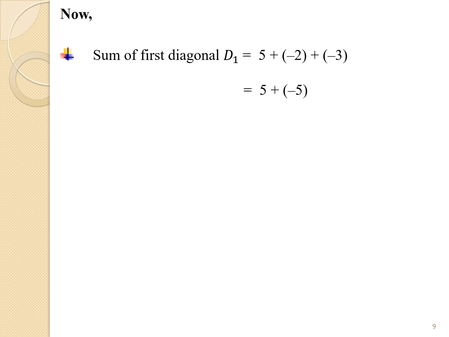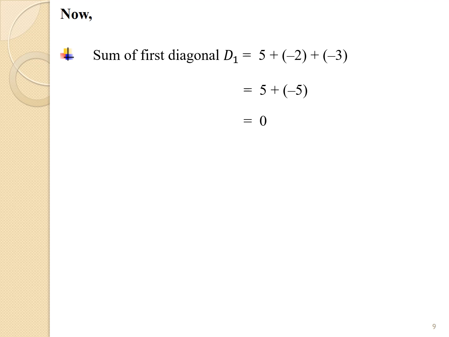Now, let us find the sum of both the diagonals. The sum of first diagonal equals 5 plus -2 plus -3, which is equal to 5 plus -5, which is equal to 0.